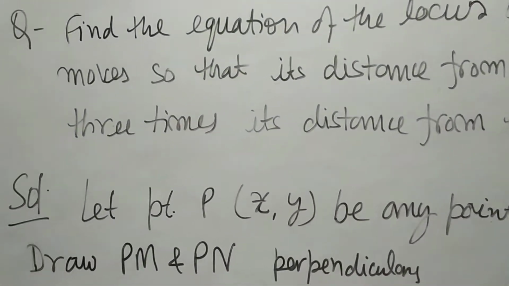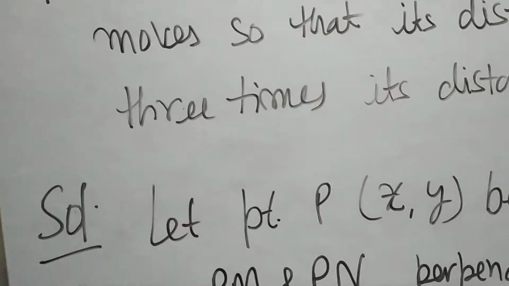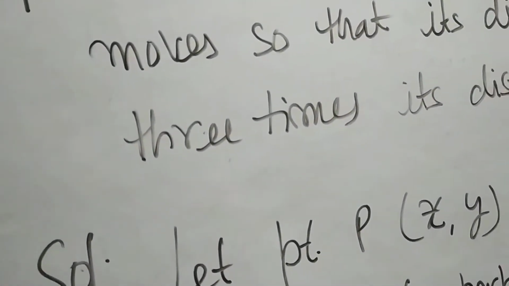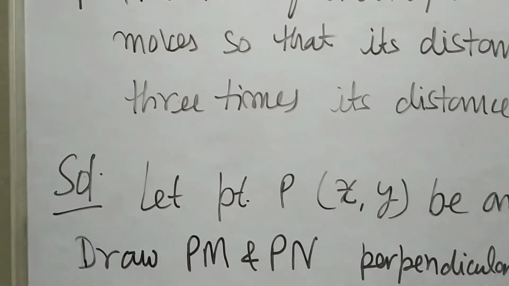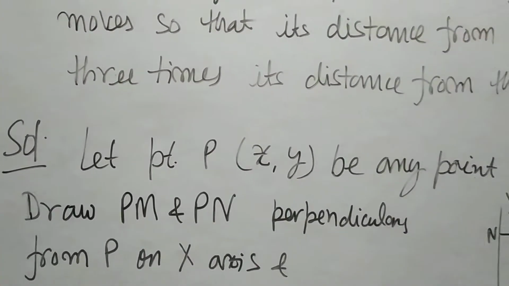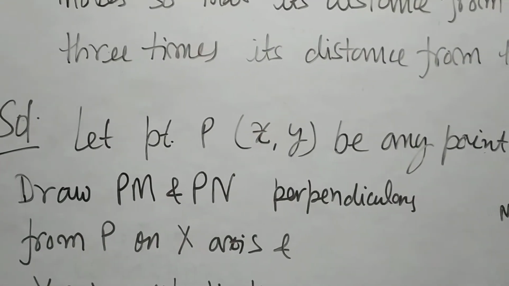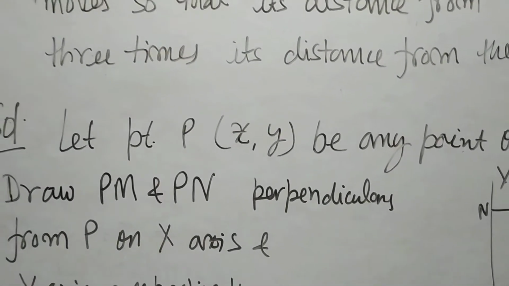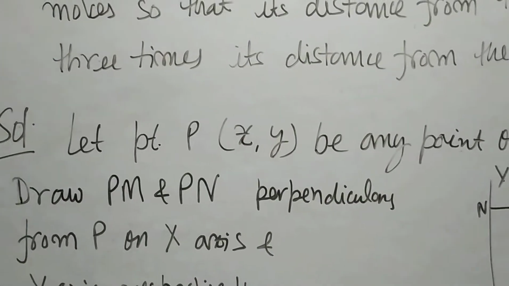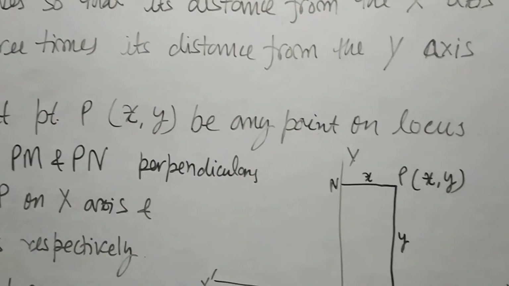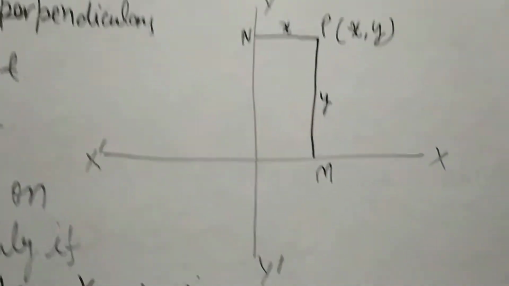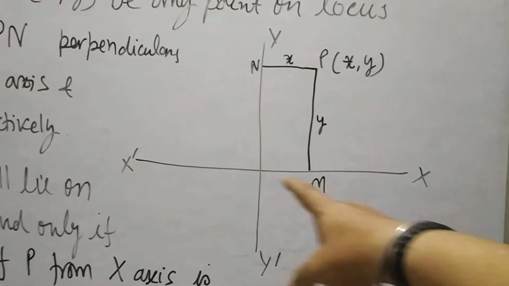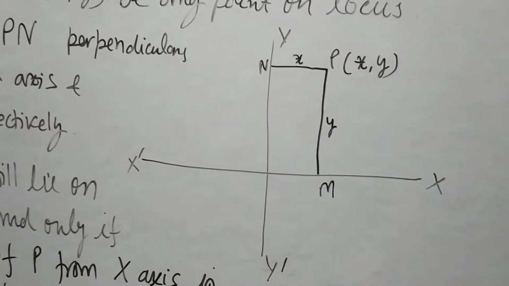We have to form the equation of the locus satisfying this condition. Let P(x, y) be any point on the locus. Suppose this is your x-axis and this is the y-axis.